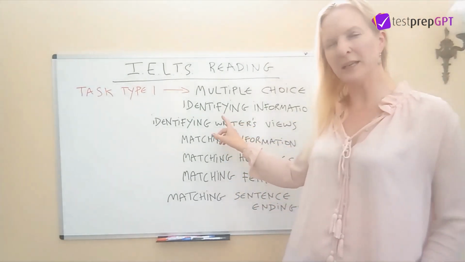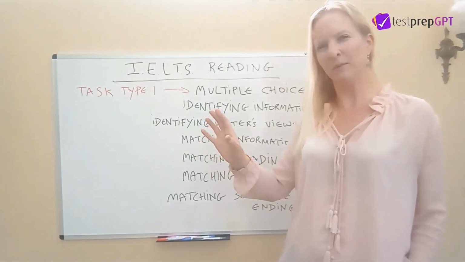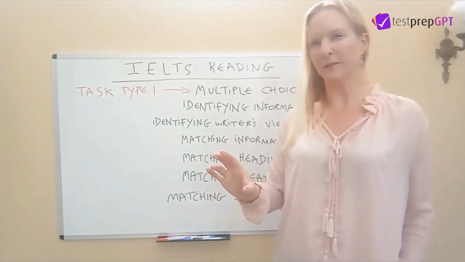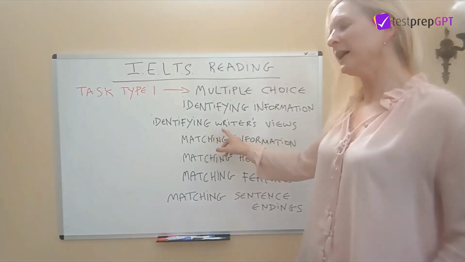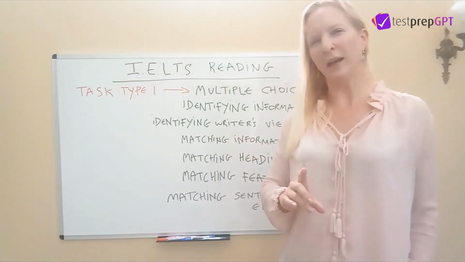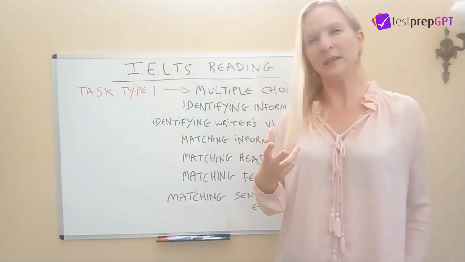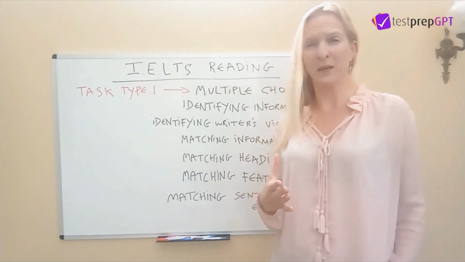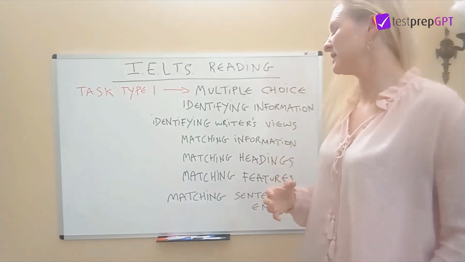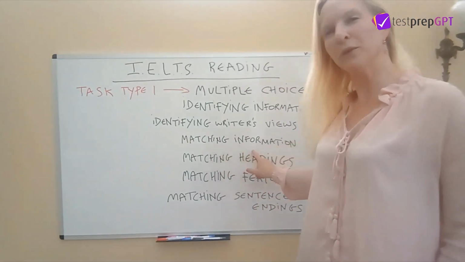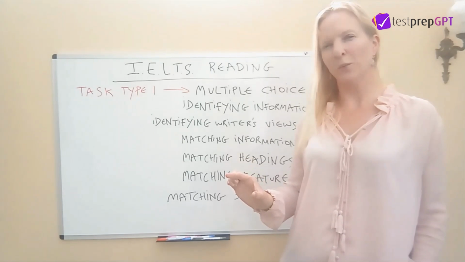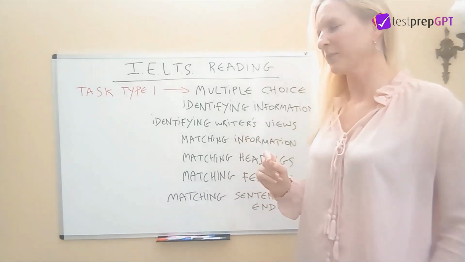Identifying information in the text. So you're looking back through the passage to find information. Identifying the writer's view. This is a tricky one, because you have to identify the opinion or the perspective of the writer through the way he has written the text. Matching information. So here you're matching information in the questions with information in the text.